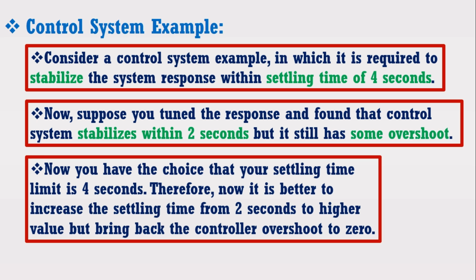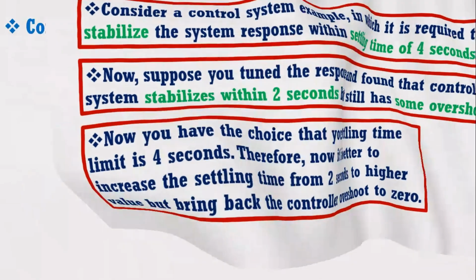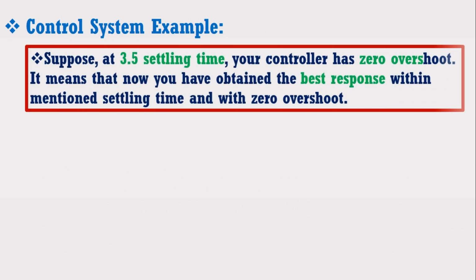Therefore, now it is better to increase the settling time from 2 seconds to a higher value but bring back the controller overshoot to 0. Suppose at the settling time of 3.5 seconds, your controller has 0 overshoot. It means that now you have obtained the best response within the mentioned settling time and with 0 overshoot.